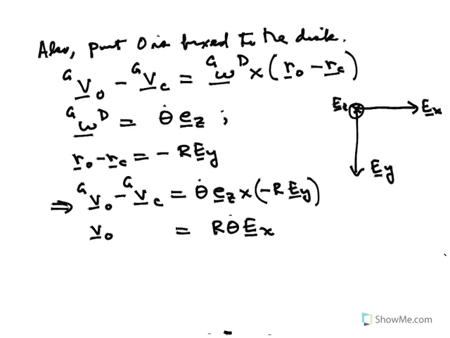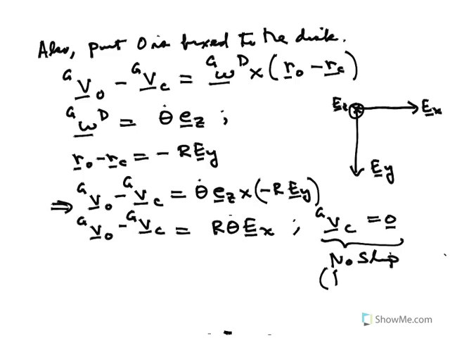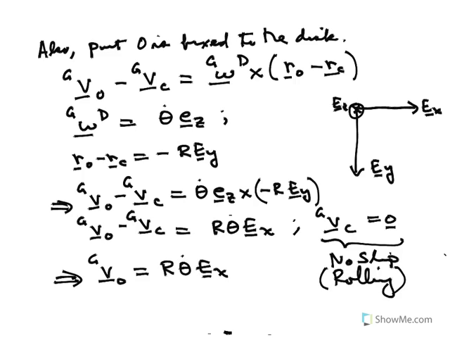But I already know that the velocity of point C in G is 0. This is from the no-slip condition, or the rolling condition. So therefore, the velocity of point O in G is equal to R theta dot times EX.